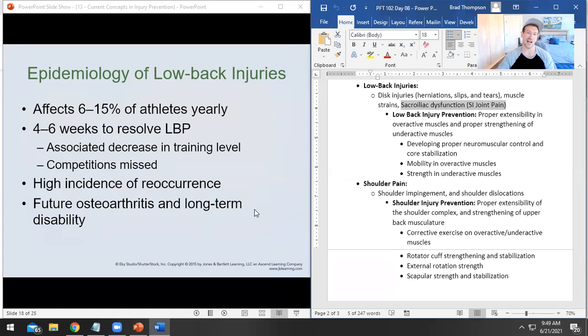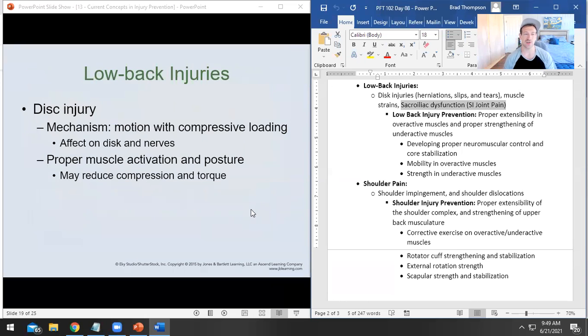So that's a lot of them, right? So disc injuries: excessive motion or compression in one of the discs causes a herniation, and then that material starts poking your nerves. That's the problem, right? That's the mechanism for how it occurs. How do we fix it? Well, we need to reduce the compression and reduce the torque.